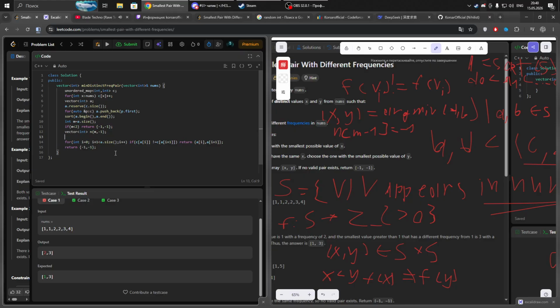So for int i from m minus 2, i bigger or equal 0, i minus minus, n of i equals n of i plus 1 if the frequency of a of i equals the frequency of a of i plus 1. Alright, good.